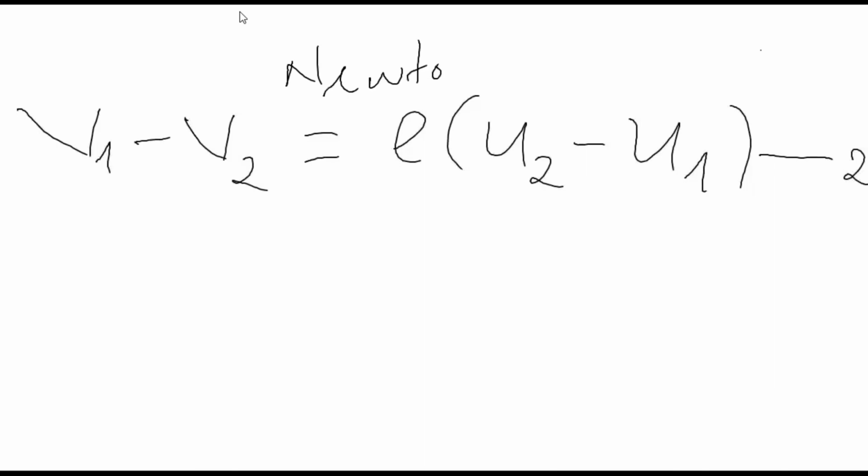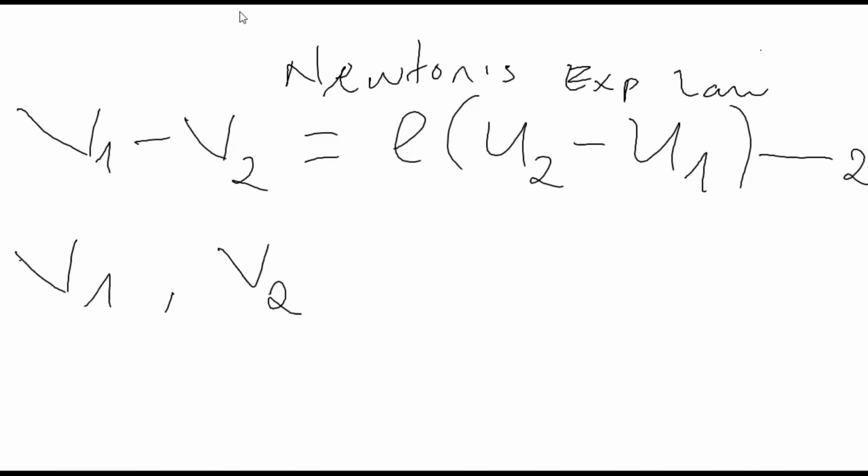This is Newton's experimental law. From these two equations, you can calculate the velocity v1 after collision and v2 after collision, because you have a system of two equations with two unknowns.